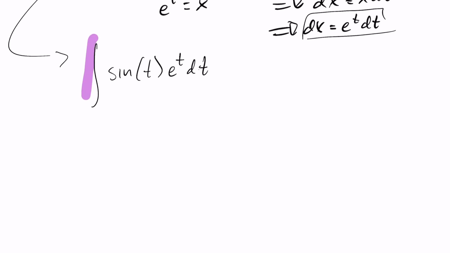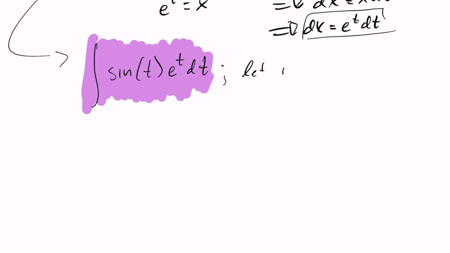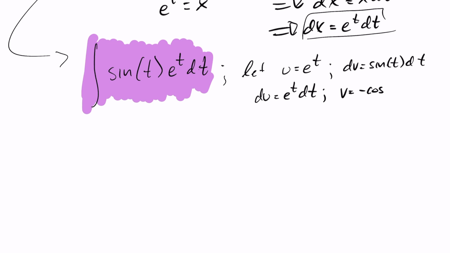So now we want to integrate the integral of sine of t, e to the t dt. And this will be an integration by parts question, so I'm going to let u equal e to the t, and I'm going to let dv equal sine of t dt. Therefore, du is e to the t dt, and v in this case is negative cos of t.